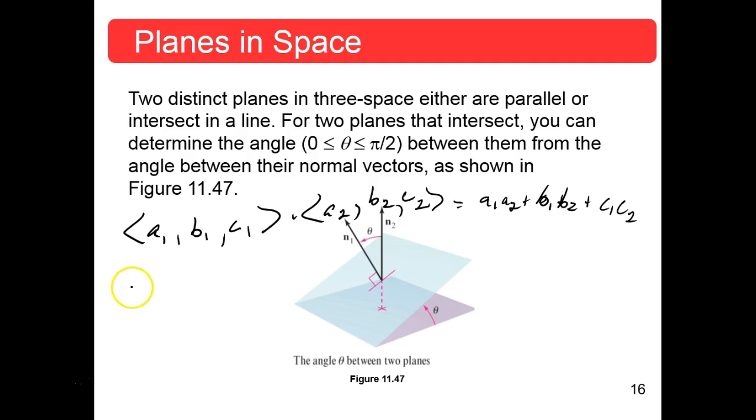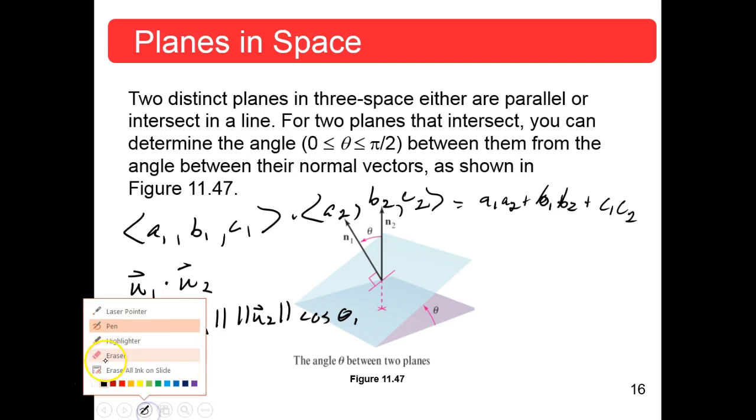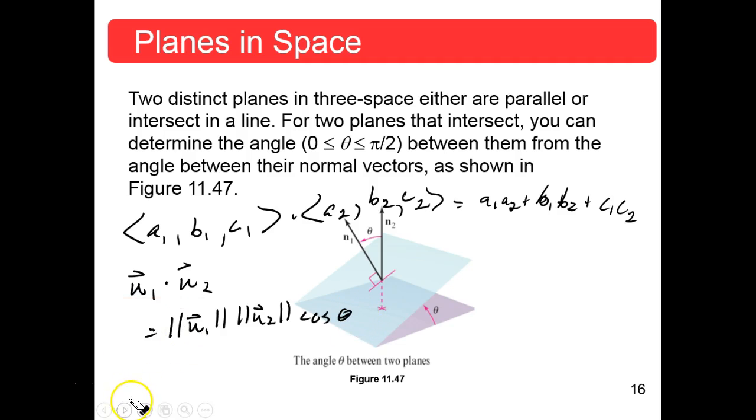The dot product, let's call it U1 dot U2, is equal to the magnitude of U1 times the magnitude of U2 times the cosine of the angle in between. And since that's what we're looking for, it's just cosine of theta.